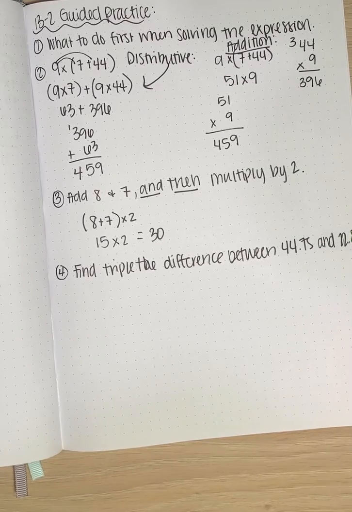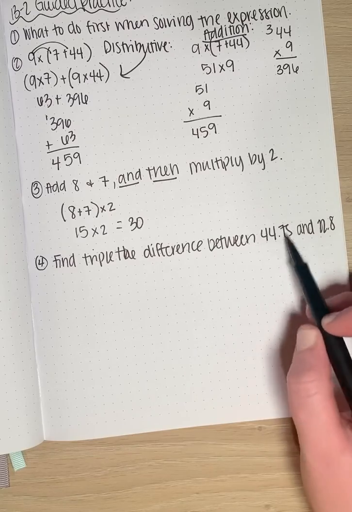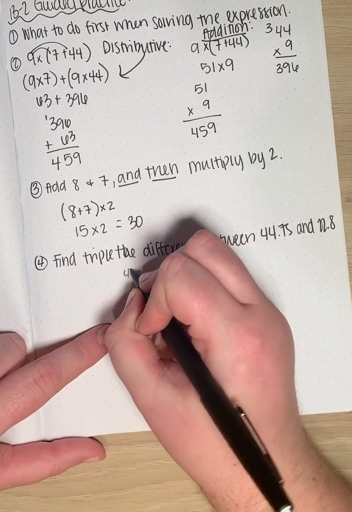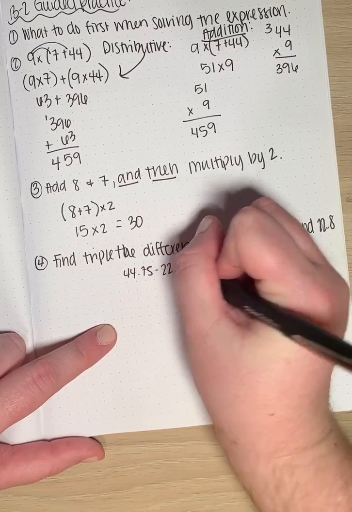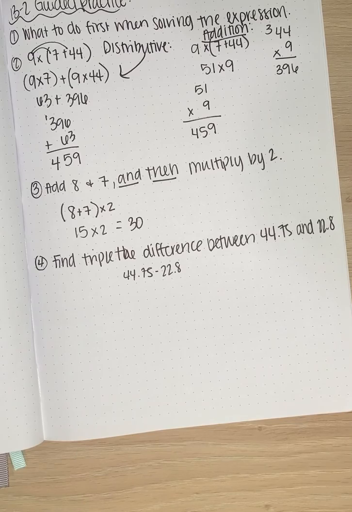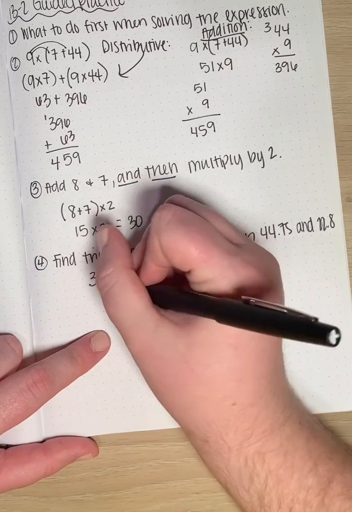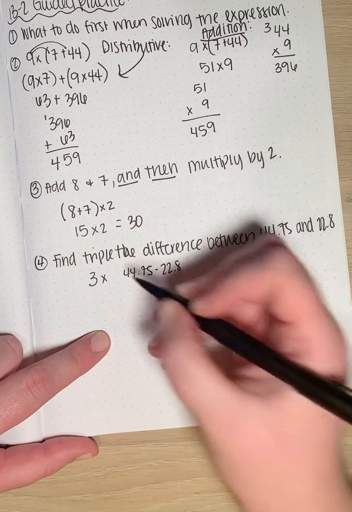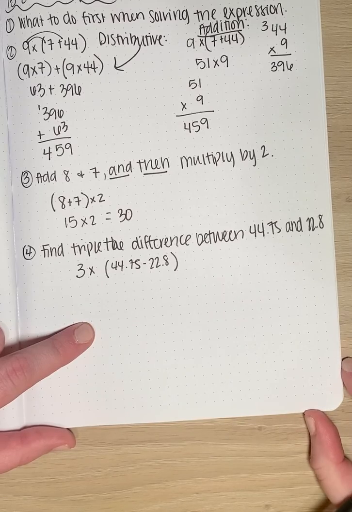Remember, difference means subtraction. So I'm going to be subtracting 44.75 minus 22.8. And then I need to find triple. Triple would be 3, and that's telling me to multiply. But I'm going to have to subtract first.